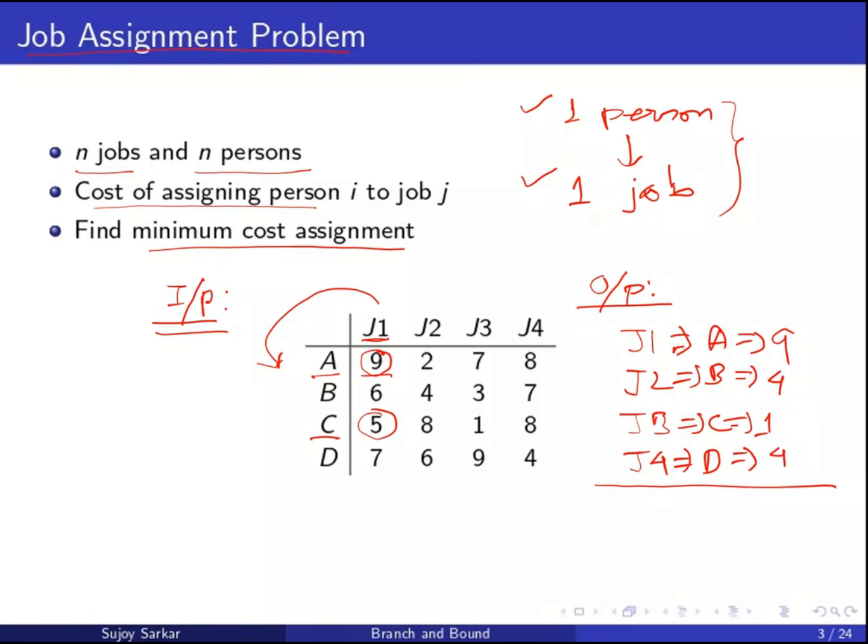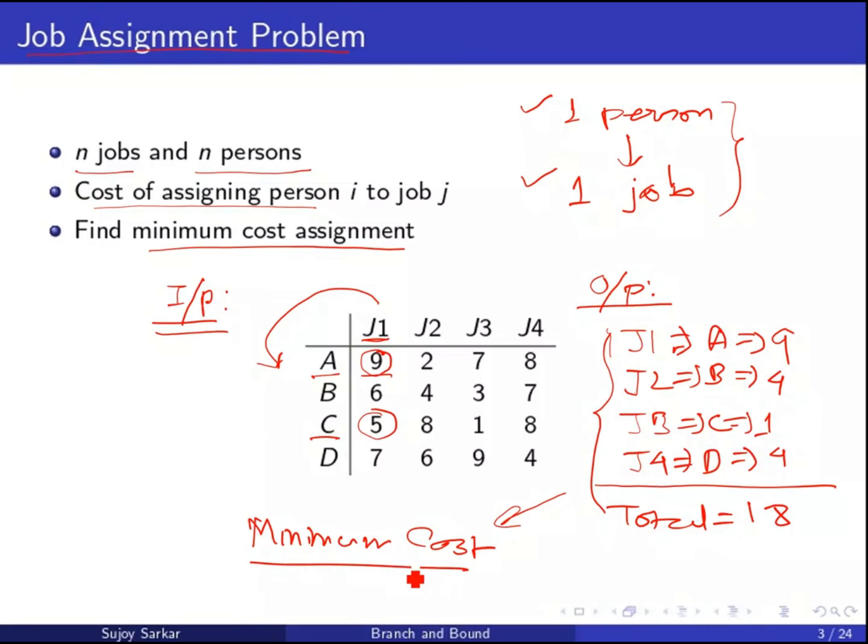So the total cost for this assignment is 18. So this is one assignment. What we have to find is the minimum cost assignment. That is, we have to search which assignment will have the minimum cost, and that is the expected output.